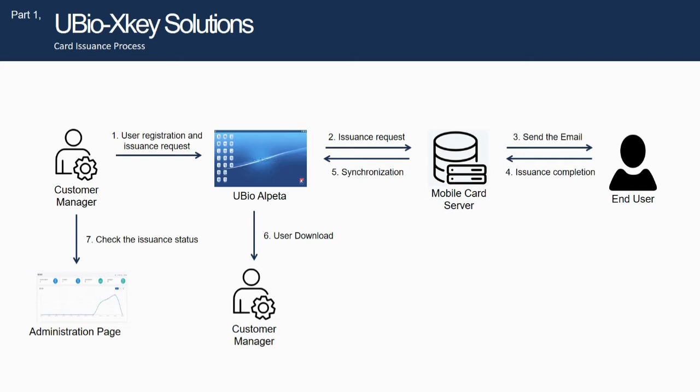End users can download the application to their mobile phones and download cards. Once the card has been downloaded, the customer manager can always check the end user's card information in both UBio Alpeta and the administration page.